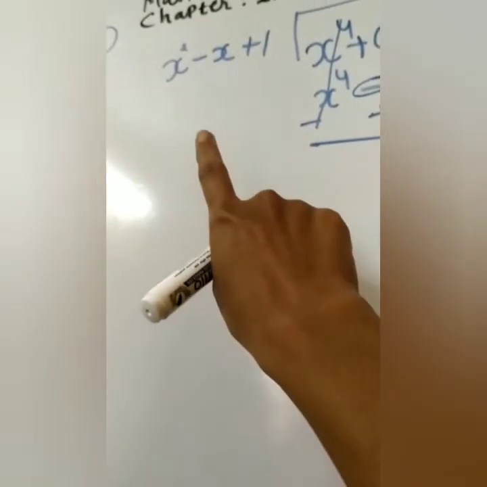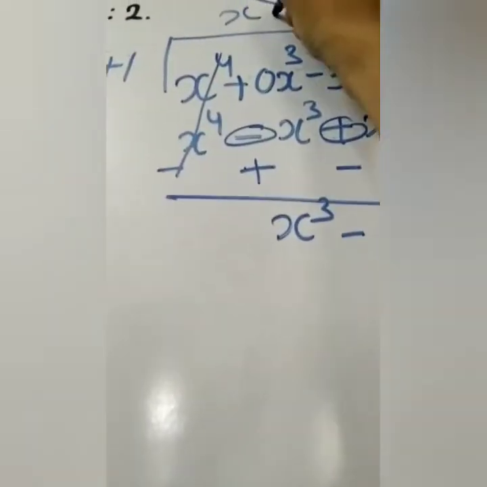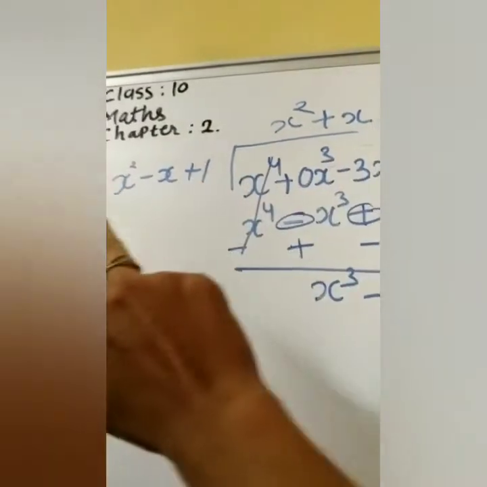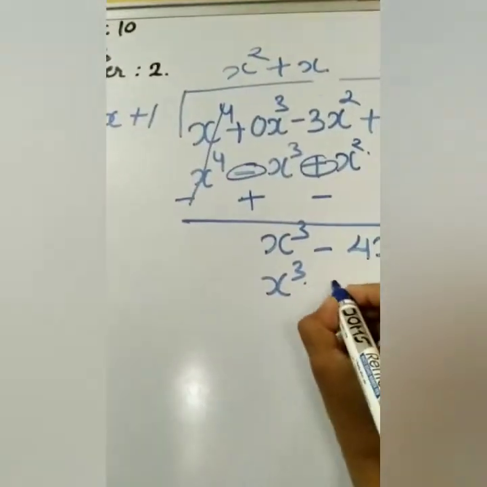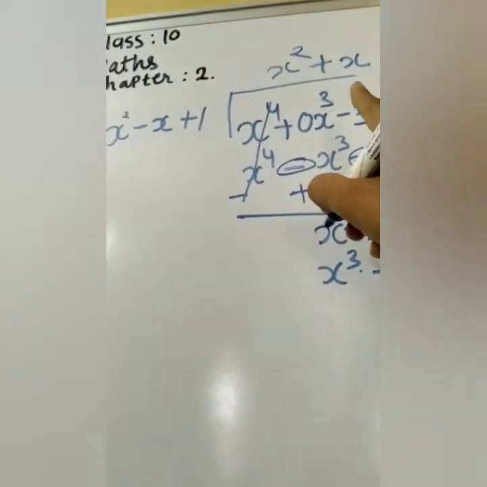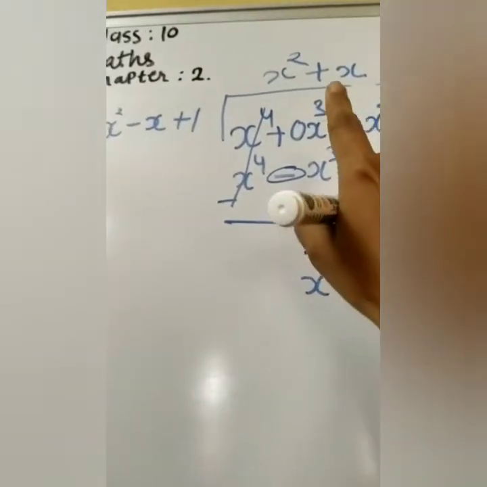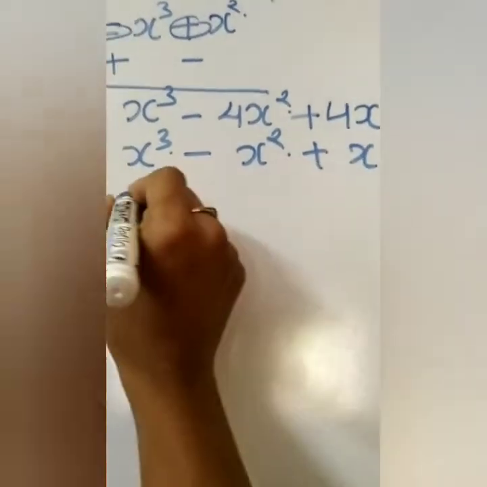Now here is x square and we want x cube, so we will multiply it with x and that will be plus x. So x into x square will become x cube, plus minus will become minus only, x into x will become x square, plus plus plus and x ones are x, so it is plus x.